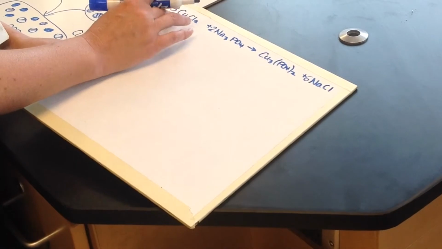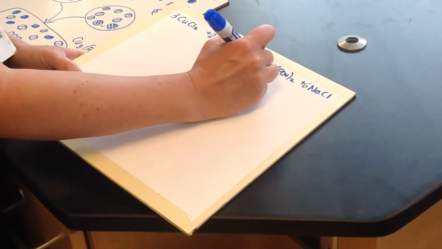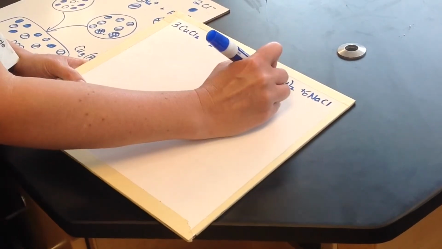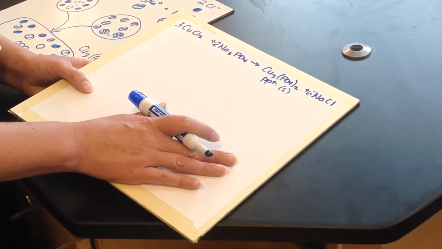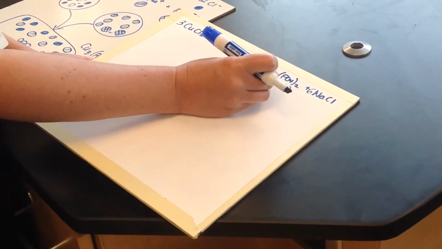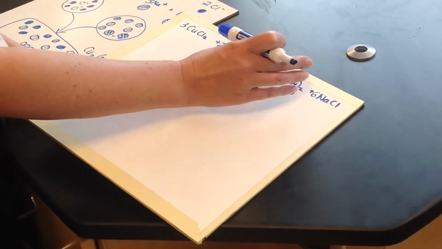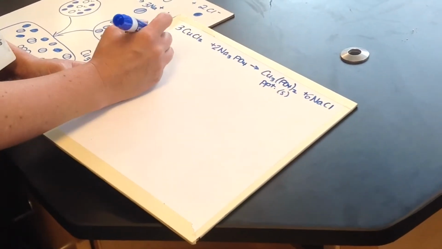So remember, aqueous, aqueous, solid, okay? So this is our precipitate right here. Our PPT precipitate, it is a solid, S. And so when I come down to write my total ionic, I'm going to keep this together because it's not aqueous anymore. It's not soluble, so it's not ionized. But everything else is soluble, so I'm going to break it up.